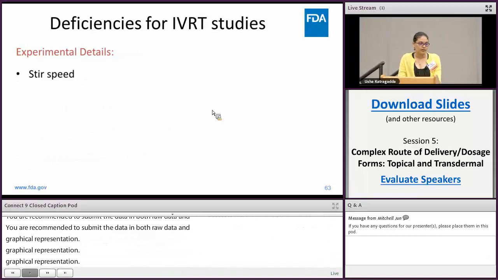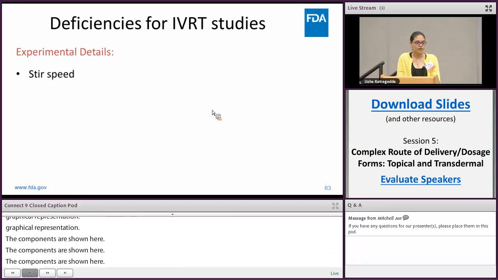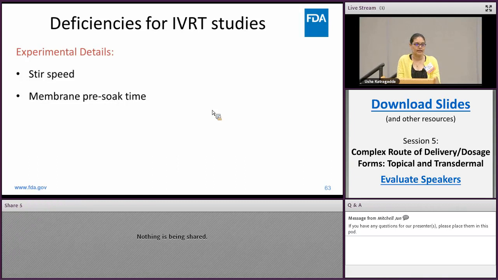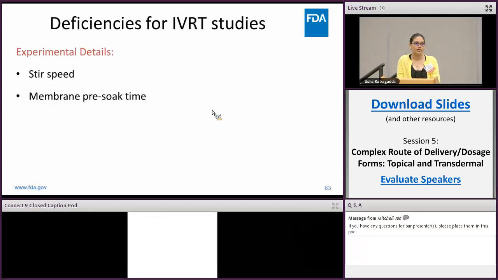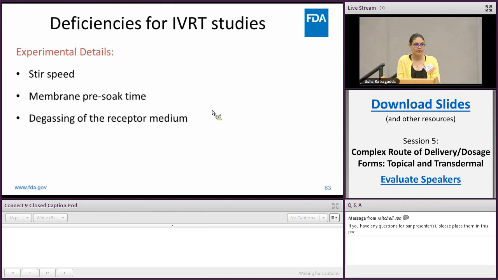Turning our attention to the most important common deficiency observed for IVRT study, it includes missing experimental details like what is the speed used for the stirrer, and when do you stop during sample collection? Is the membrane soaked or not soaked? If it is soaked, how long?